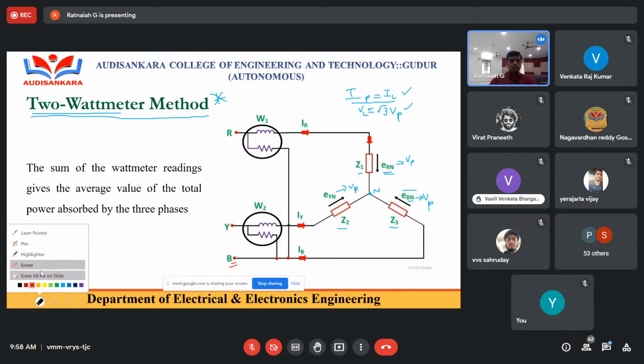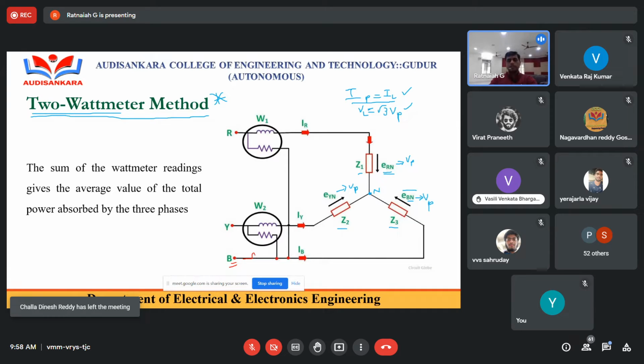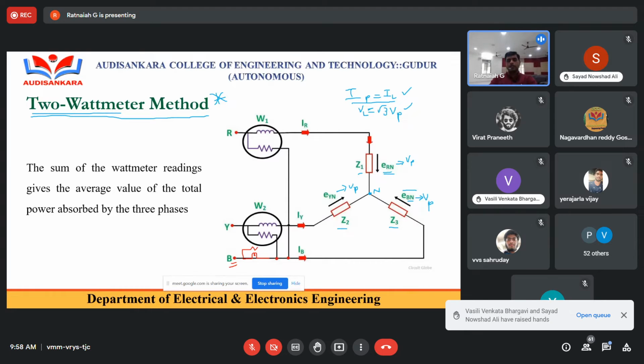I'm going to use the next phase. Suppose you want to connect W1 for the R phase and W2 for the B phase. Then the W2 wattmeter's current coil is in series with the B phase, but the pressure coil is always connected to the common point, Y. Similarly, the first wattmeter's pressure coil is also connected to the Y phase.